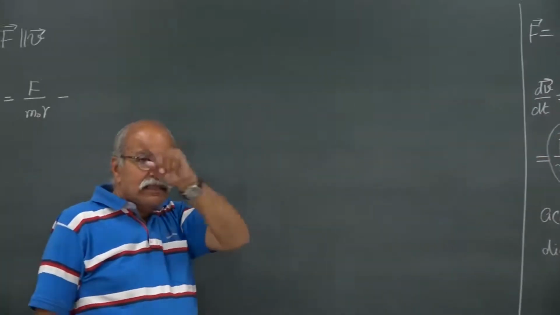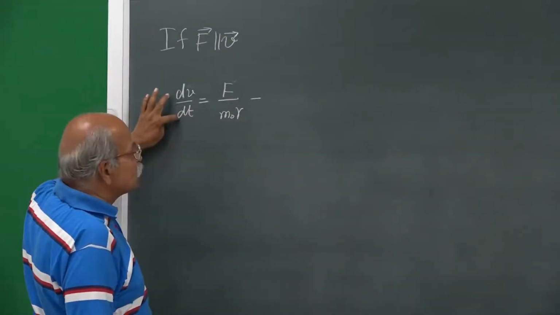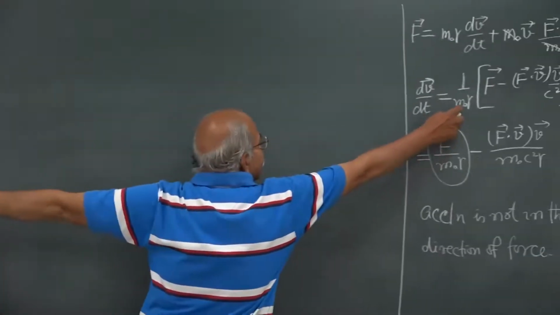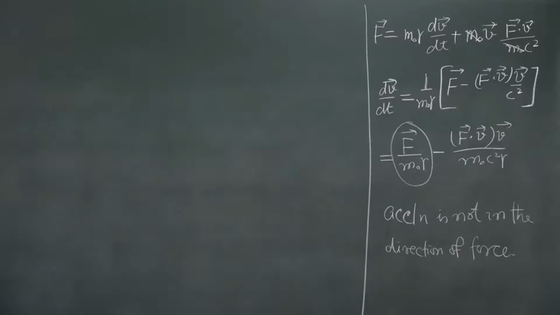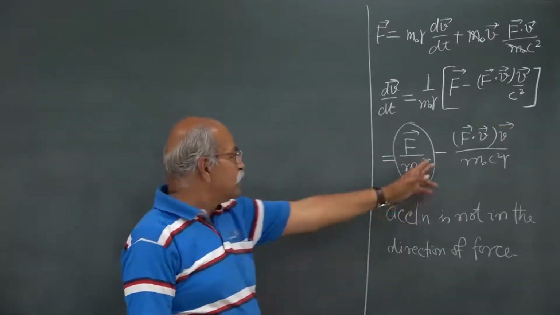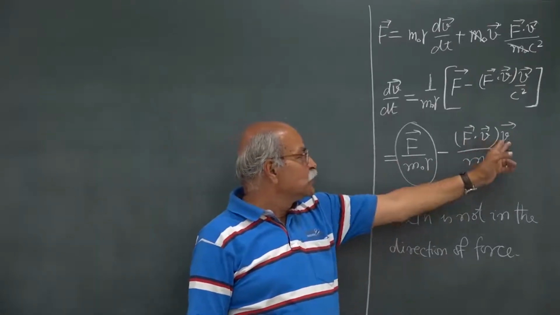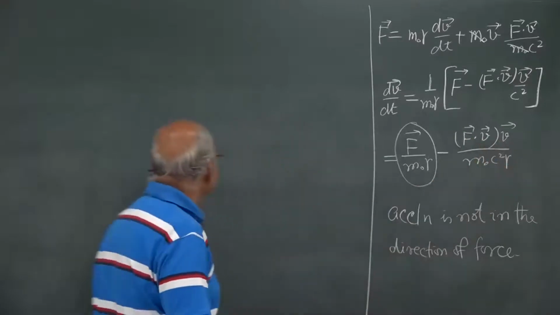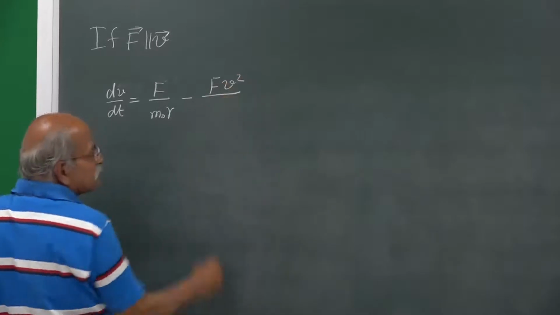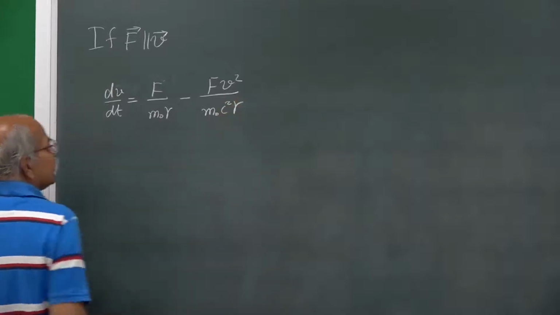So I am dropping that arrow sign on the top, and therefore I can write dv dt is equal to f over m naught gamma. Look at here, the first term is this, and the second term is minus f into v, cos theta is 1, into v. So f into v square, divided by m naught c square gamma.